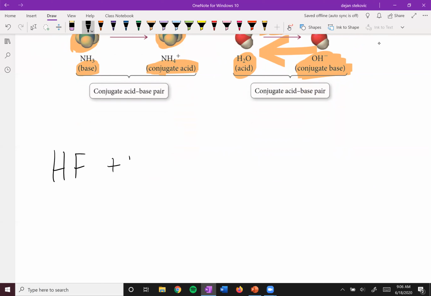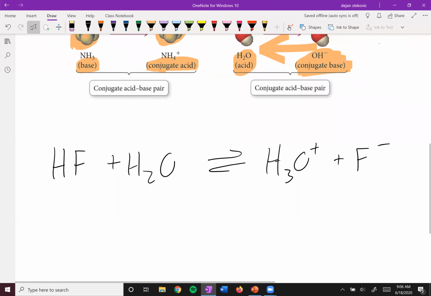Another example, here we have HF interacting with water to form H3O+ plus F-, right? Here in this direction, we're thinking about where the H is going. The HF is giving the H+, it's donating the H+. So this is the acid, this is the base, and that's if we're talking about going from left to right.